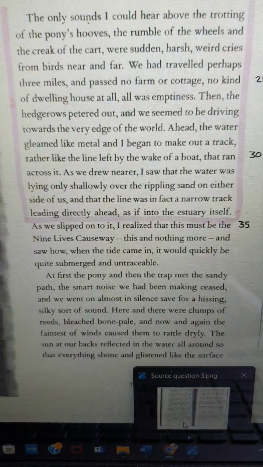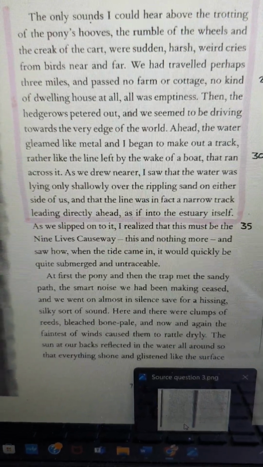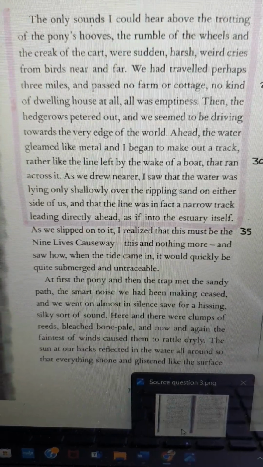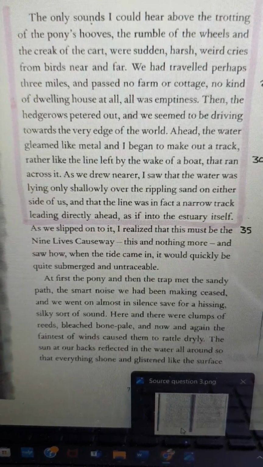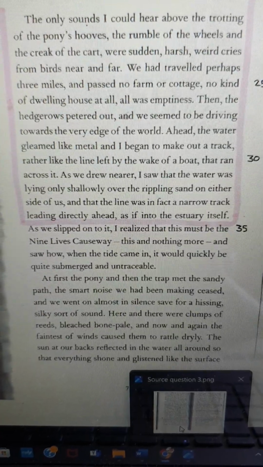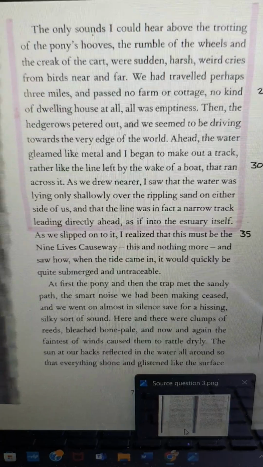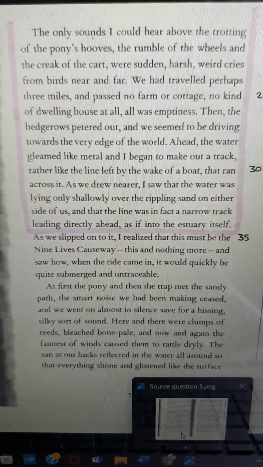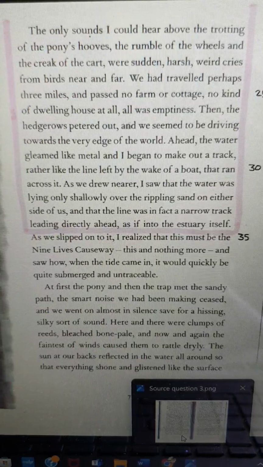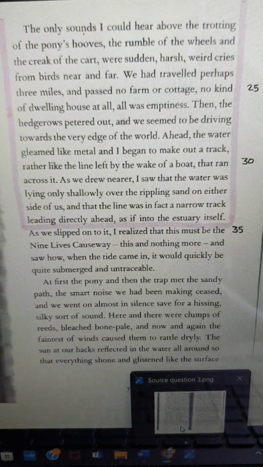If the estuary seems like it's blending into this causeway, this pathway, then it could be very easy for the characters to fall into the marshes. So that's the idea I decided to go with. The marshes are dangerous. All right, let's go over to the exam paper and we will write down a sample answer.